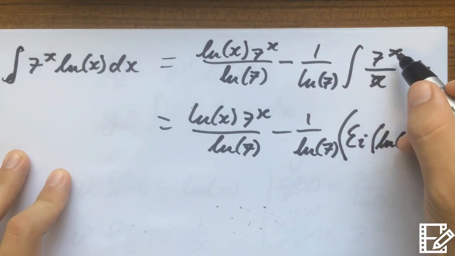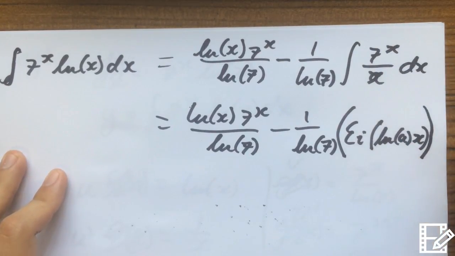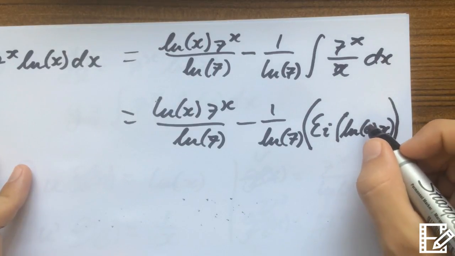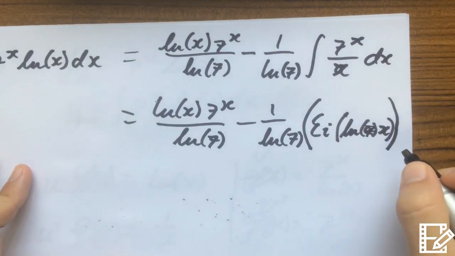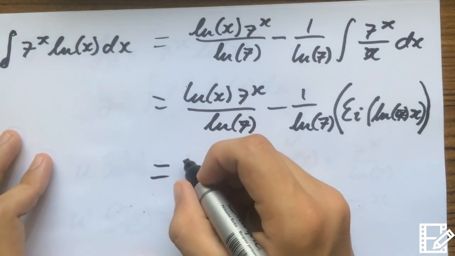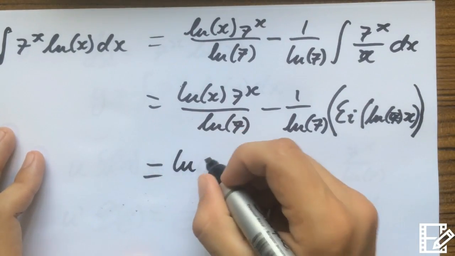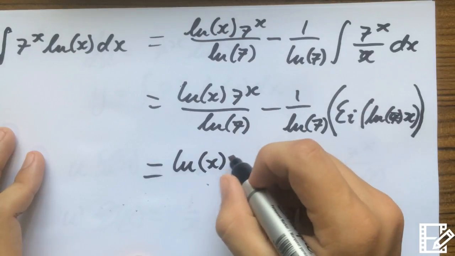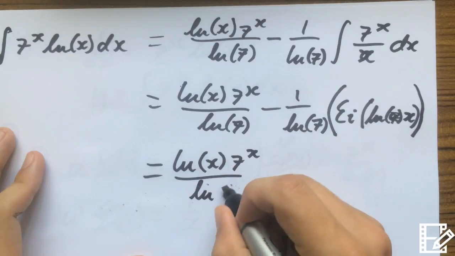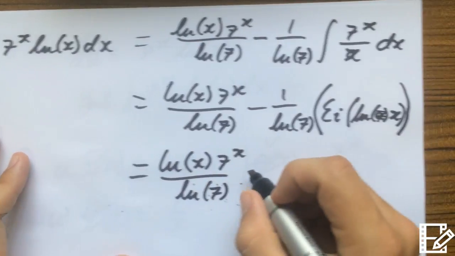Therefore, 7 to the power of x over x, there wouldn't be an a there. That's my bad. There would be a 7. Now that doesn't look neat, but I'll rewrite that. So therefore, we have ln of x multiplied by 7 to the power of x on ln of 7.